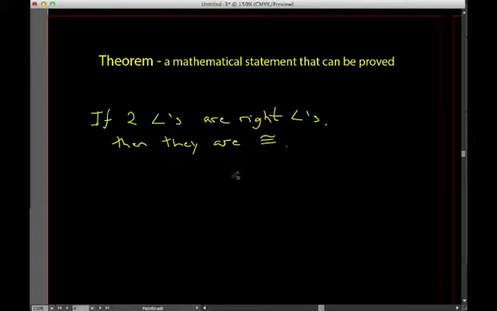Simple enough. Let's see if we can prove this. So when we're starting out a proof, there's two columns that we want to make. We want to make our statements, and then we want to make our reasons.